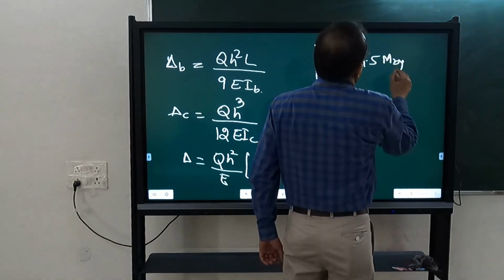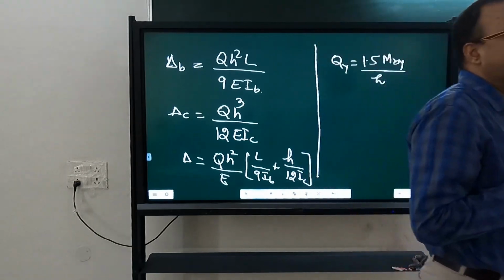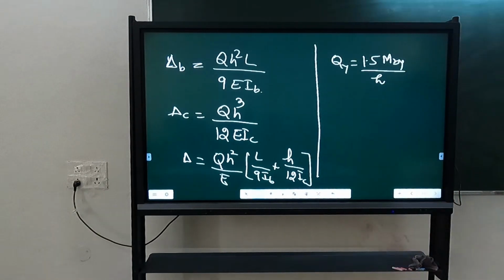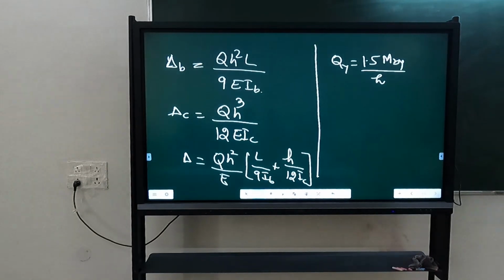MB by H. And where the yielding is occurred? Earlier it occurred in both the beams simultaneously. Is it occurring simultaneously? Shorter. So this time the yielding will occur in the shorter beam. So everybody please come up to this point, then we will move forward.